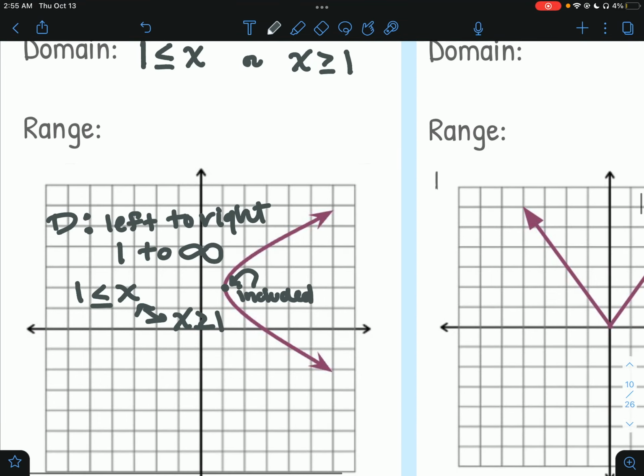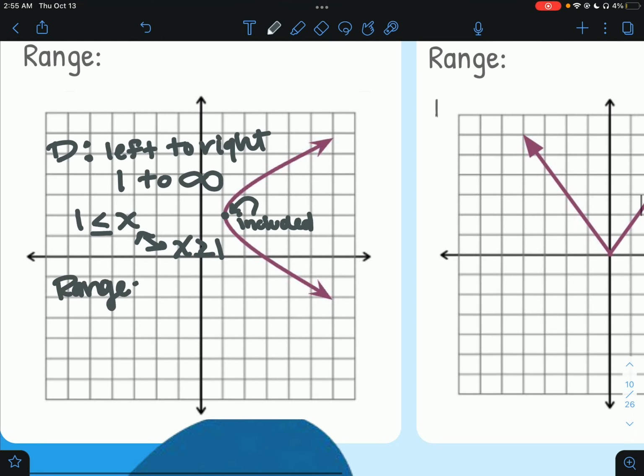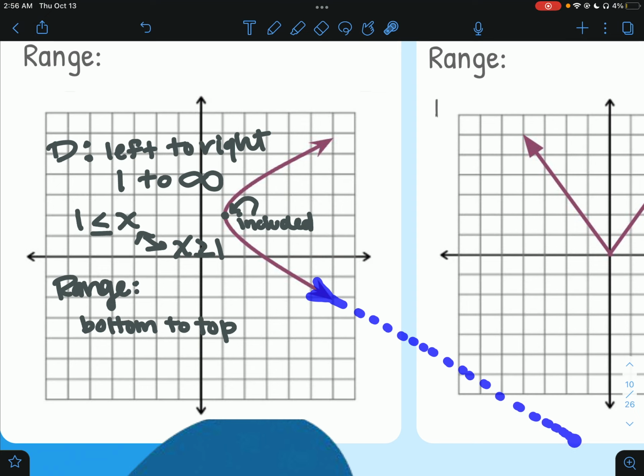We're going to use our same idea with range. Except remember, range is bottom to top. If we consider the bottom here and put our pen on it, oh, it's an arrow again. It's not a point. This arrow continually goes down. It's going to keep going down forever. We call that negative infinity because it is the negative numbers.